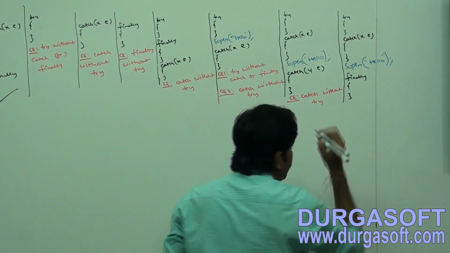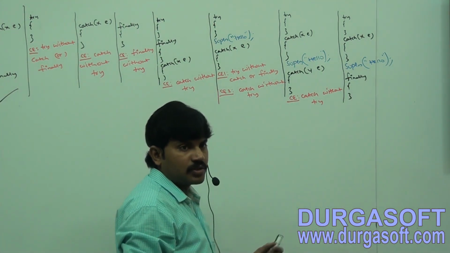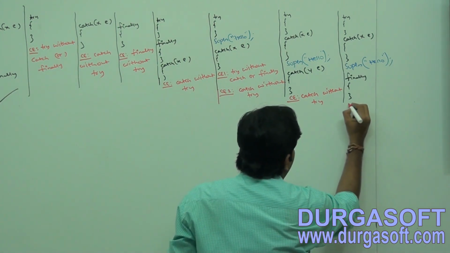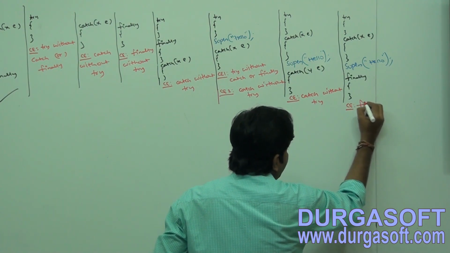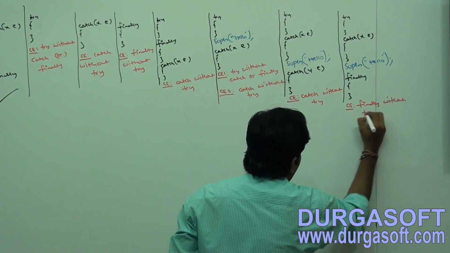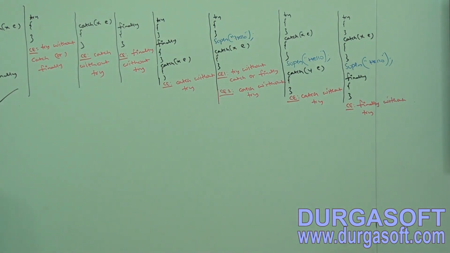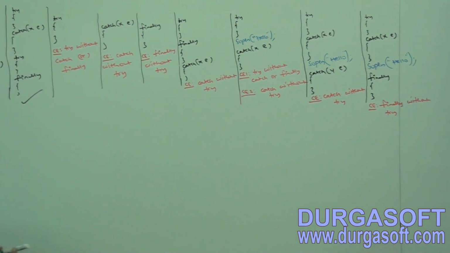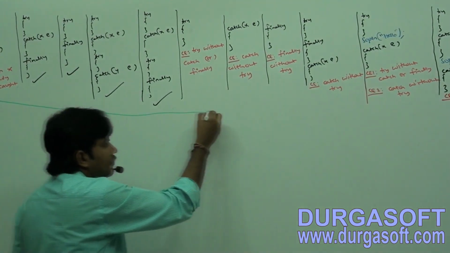After that finally, can you tell what will happen? Try catch, okay, SOP, and then finally: compile time error. Can I spell out what is that error? Finally without a try. These are some cases, but still I want to add some more cases, right?